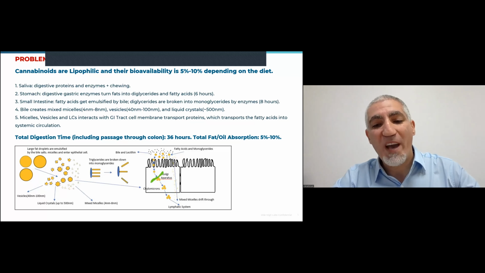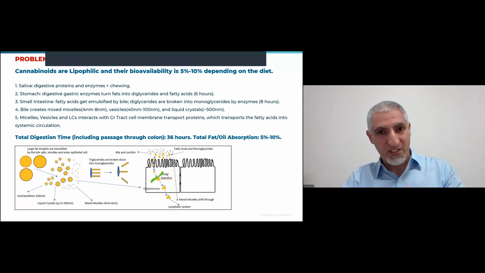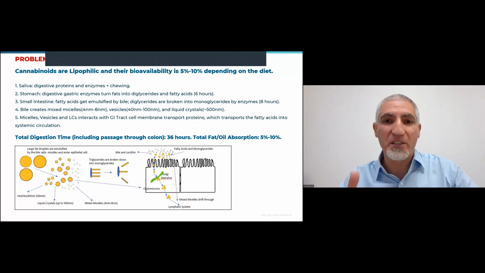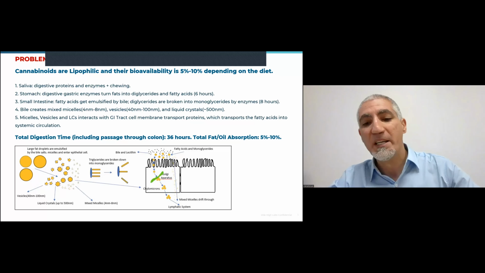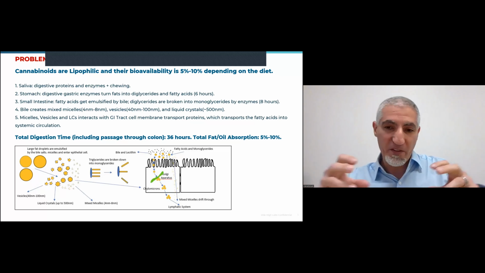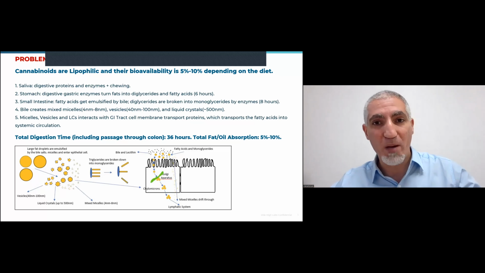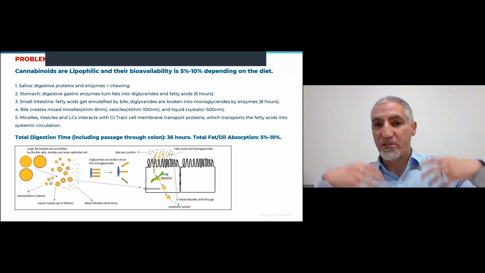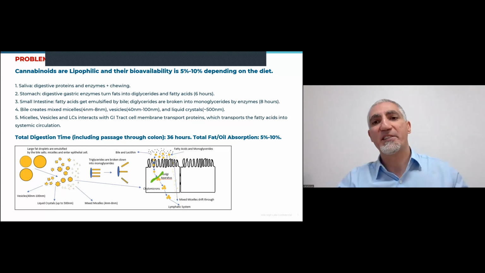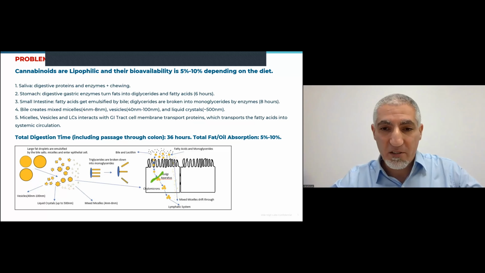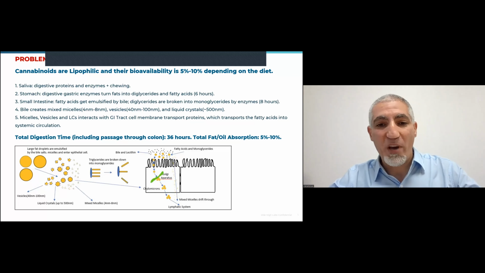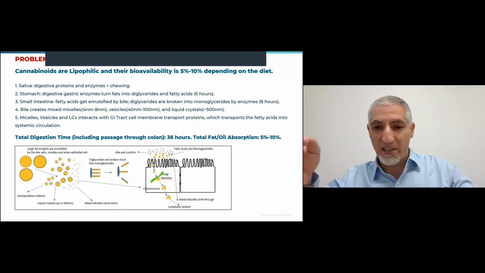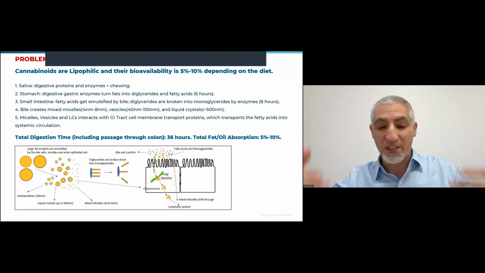And experimentally, we know that the smaller the micelle diameter, the faster and better these micelles get absorbed, if they are in the vicinity of the epithelial cell membrane in the small intestine. And so the larger they get, the slower the absorption, and the less of them get absorbed into the system. If I were to draw a parallel, if you have a basketball hoop and you drop a ping pong ball through it, that would be the mixed micelles.